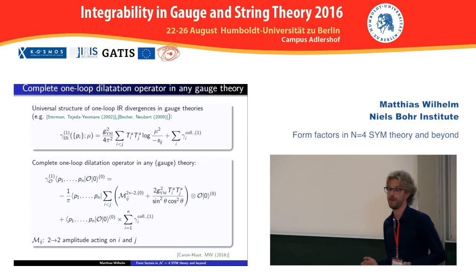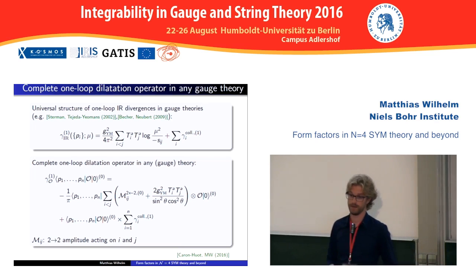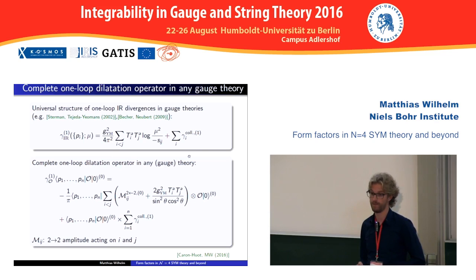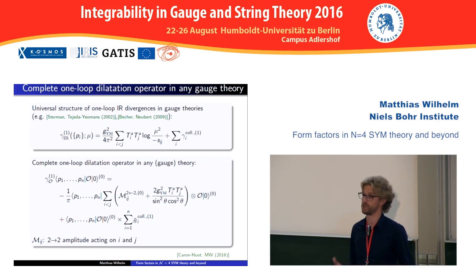The third interesting application for this is actually a new one. In gauge theories, the one-loop infrared divergences are in fact universal, and they have this form. Now, using this, we can write down a formula for the complete one-loop dilatation operator in any gauge theory in terms of the 4-particle tree-level amplitude and the collinear anomalous dimensions.